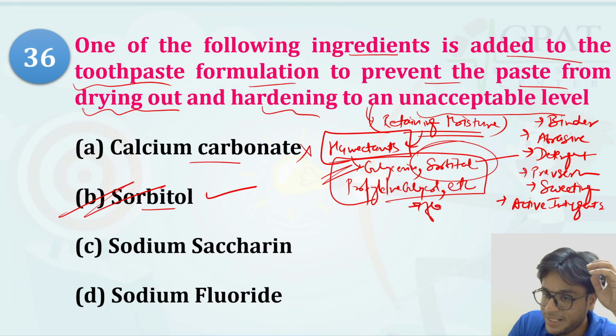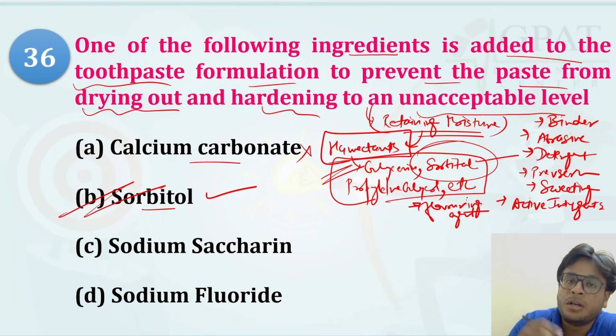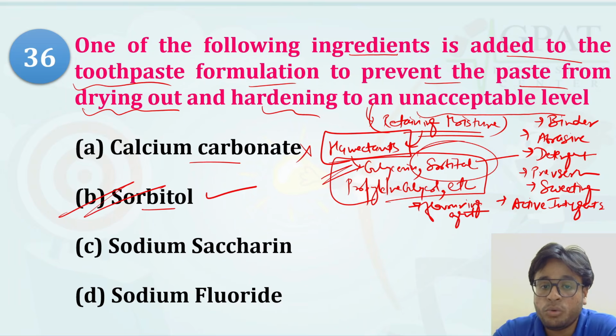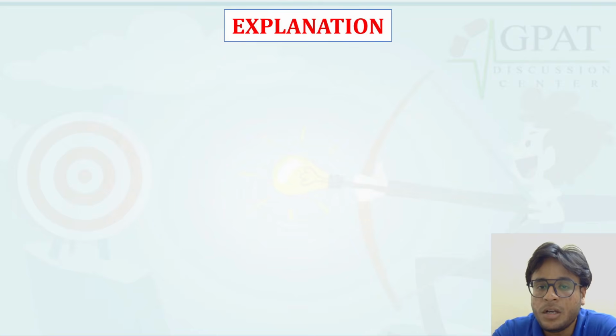We can also say flavoring agents and sweetening agents belong to the same category. So all the other components that should be present in a toothpaste formulation. So B is going to be the correct option or the answer.